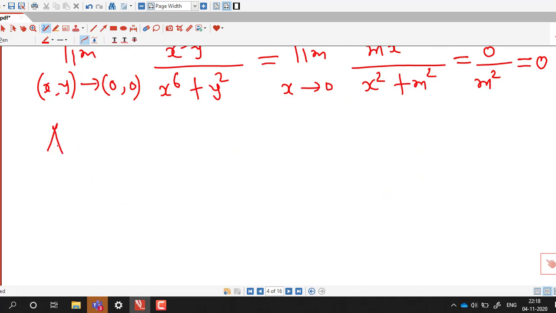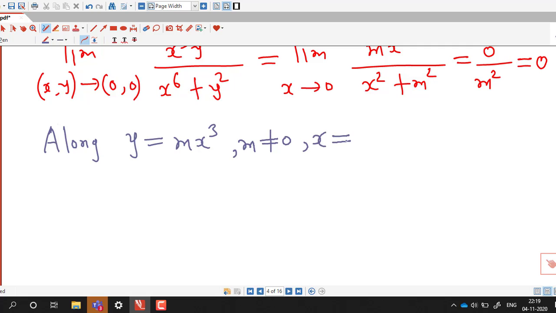So let us try along cubic curve. So now we check along y equal to m into x cube. M is non-zero, x is non-zero.